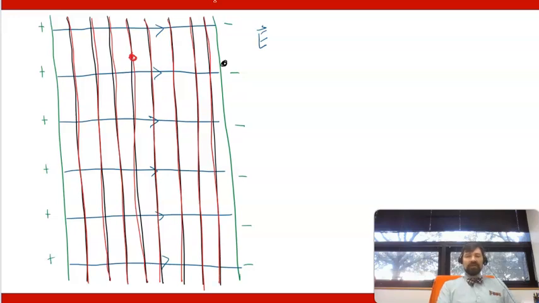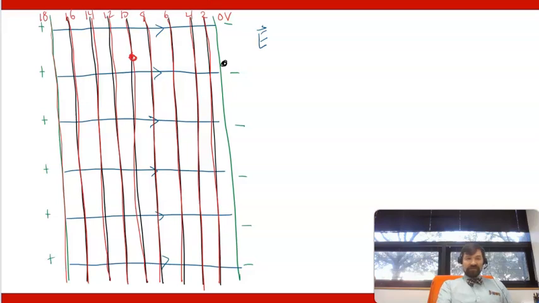And so maybe if this happens to be a 2-volt line, this would be 4, 6, 8, 10, 12, 14, 16, and then over here would be 18 if you were to go along on this plate anywhere. And this would be the 0 volts relative to ground. Now notice that the E field is pointing from the high 18 to the low 0.